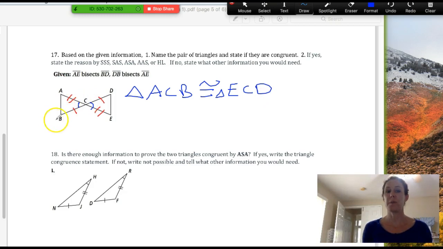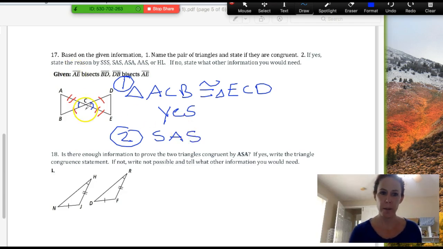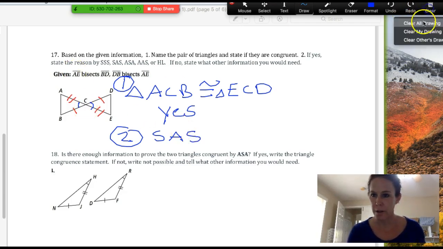So ACB is congruent to ECD, and the answer for number 1 would be, there's my triangles, and yes, they are congruent. And the answer to number 2 would be they're congruent by side, angle, side. So go ahead and mark it up, write their congruence.